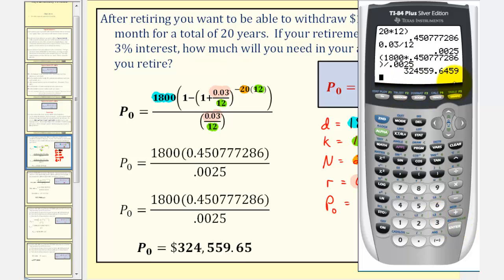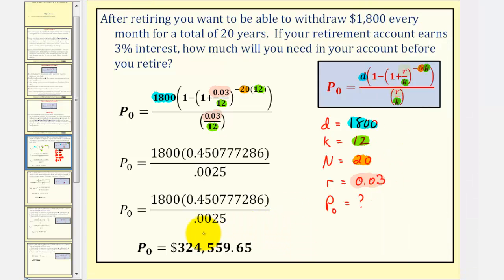Rounding to the nearest cent, notice that P sub 0 is $324,559.65. So this is the starting amount or balance you would need in your account to begin with in order to withdraw $1,800 every month for 20 years if your account earns 3% interest.